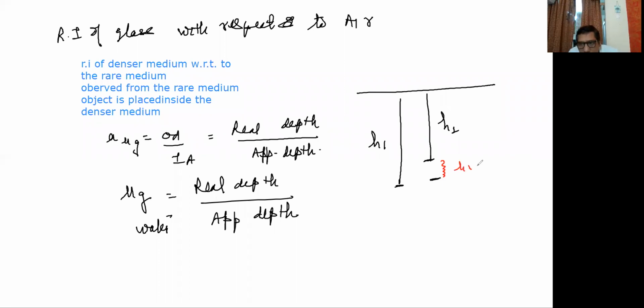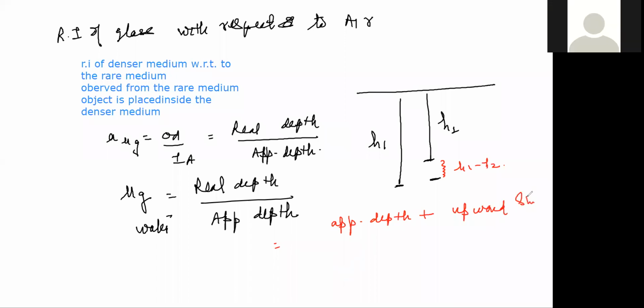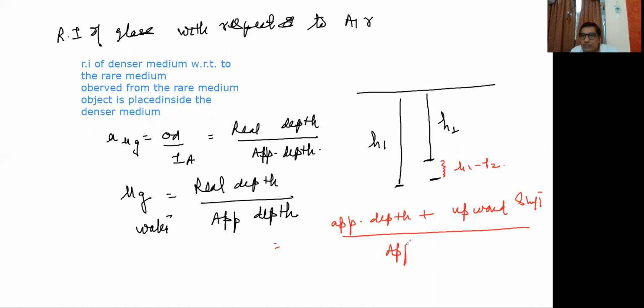It is H1 minus H2, isn't it? And what is the real depth equal to? It is equal to H1, the apparent depth plus the upward shift, upon the apparent depth.